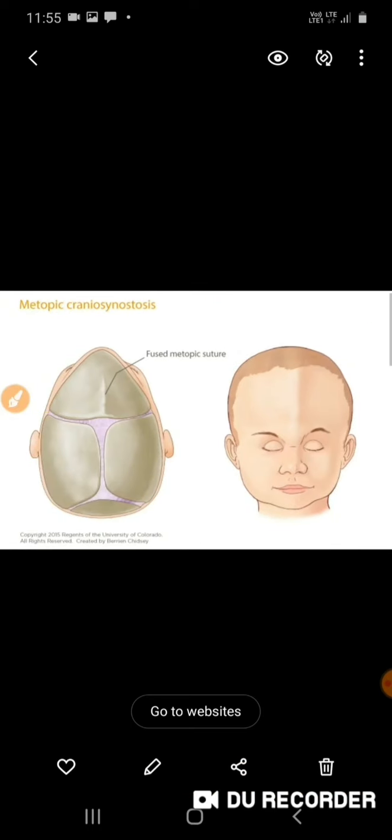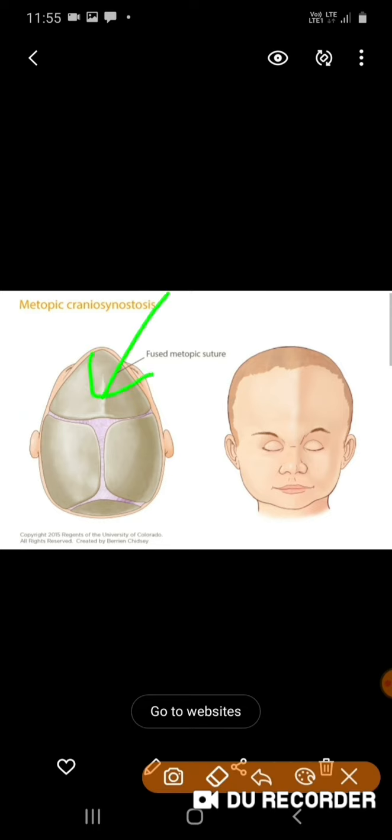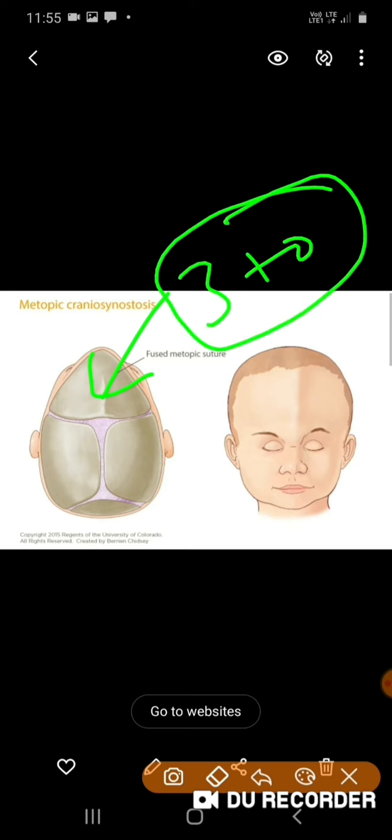And apart from that, sometimes there is ossification in the metopic suture. When this suture ossifies before its age, basically this suture ossifies at 3 to 9 months of age, and if it ossifies before that age, the appearance of your forehead is this kind, a well demarcated line you can observe here.